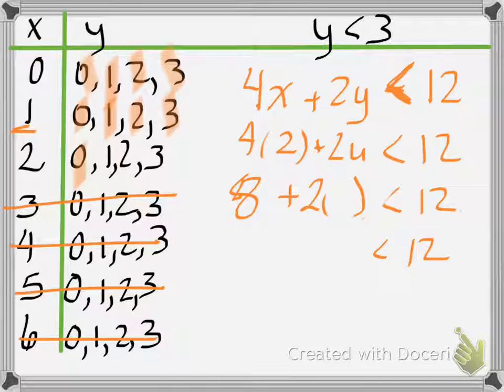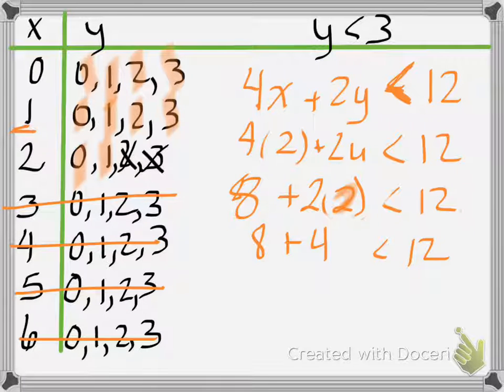Now let's do 1. 8 plus 2, is that less than 12? Yes. 8 plus 2 times 2. 8 plus 4 is 12. 12 is not less than 12, so that's not going to work. So 2 and 3 don't work.